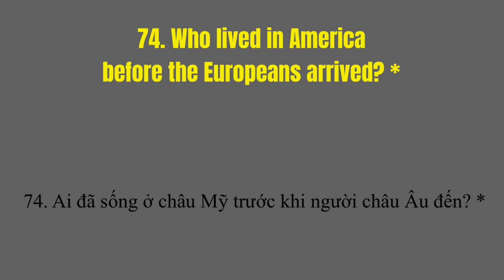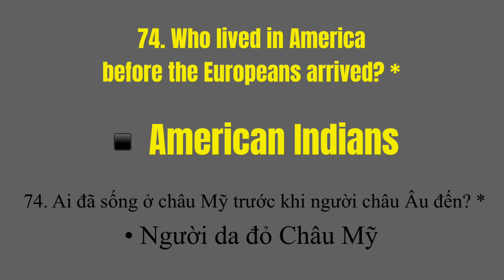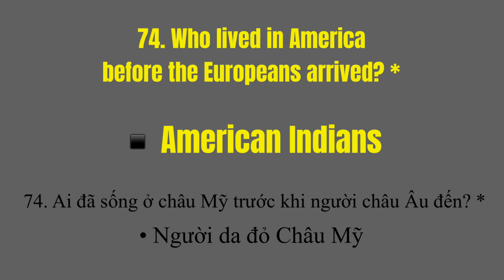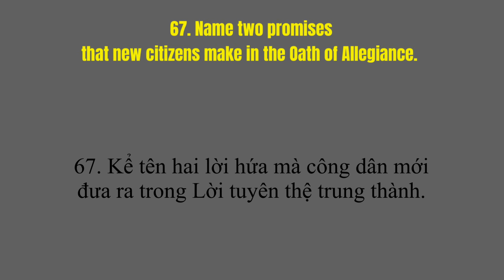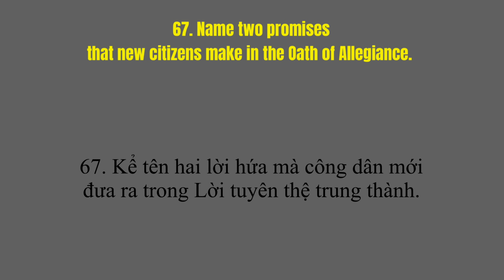Who lived in America before the Europeans arrived? American Indians. Name two promises that new citizens make in the oath of allegiance.